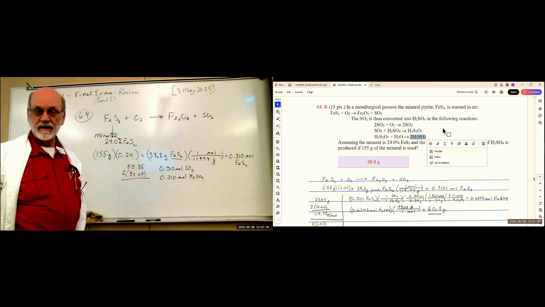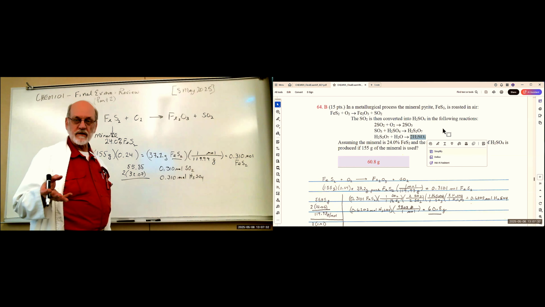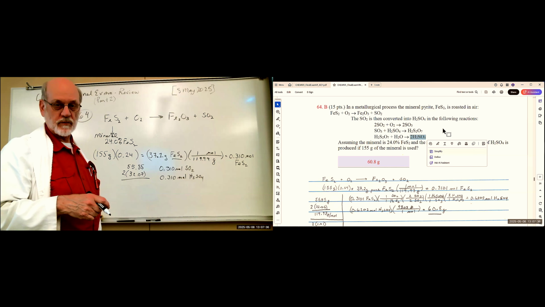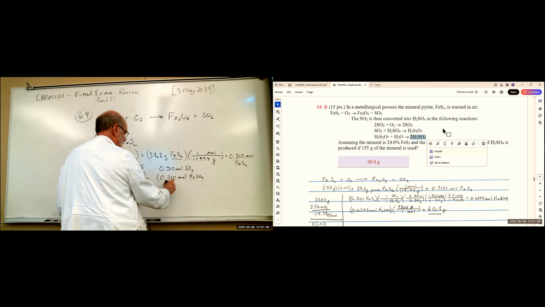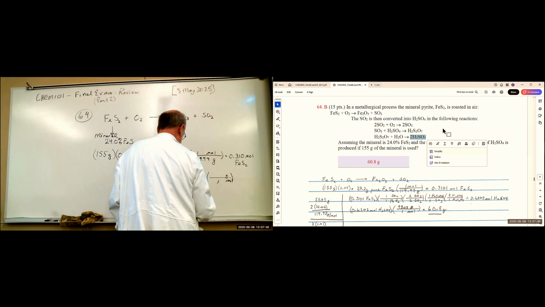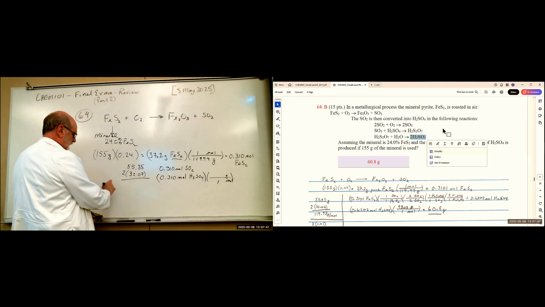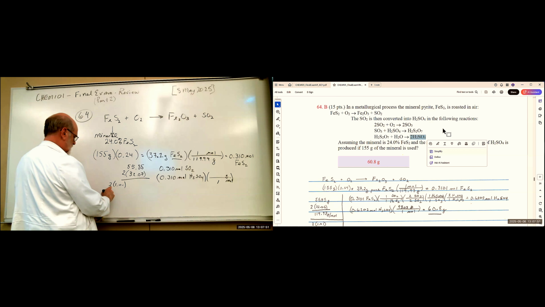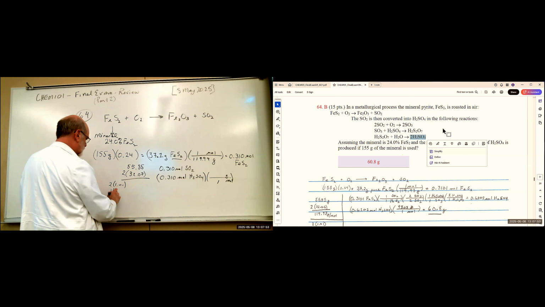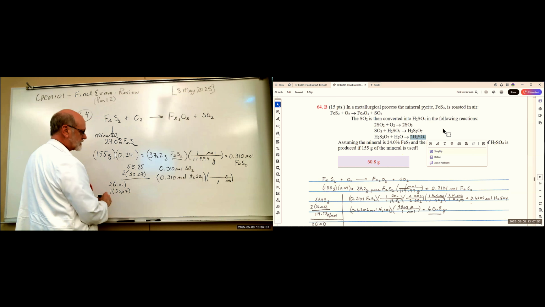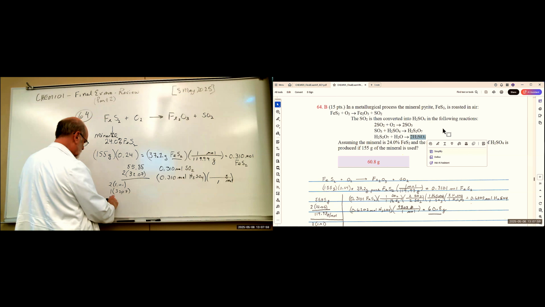Okay? So now all we need is the molar mass of sulfuric acid, and we can convert that to so many grams. So sulfuric acid: 2 hydrogens, the sulfur, which is 32.07, and 4 oxygens.